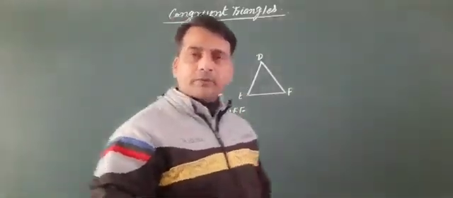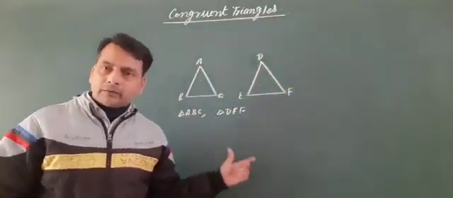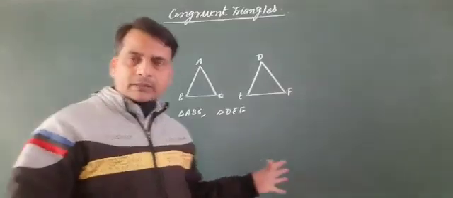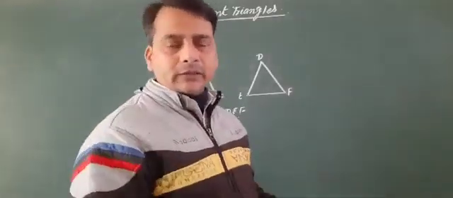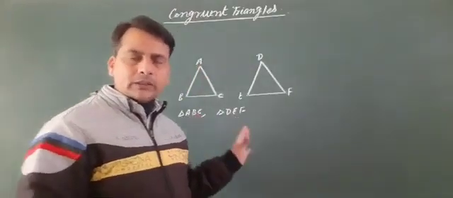So here there are four conditions between the two triangles. If all their sides are equal, they are congruent to each other.